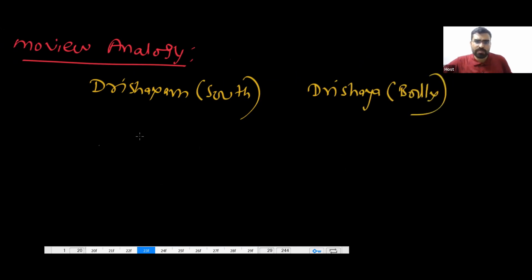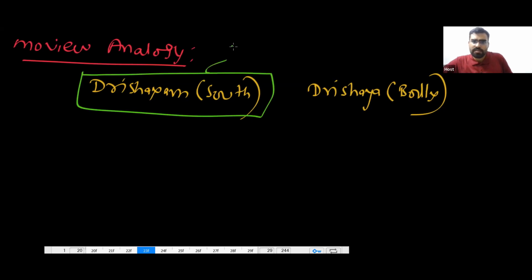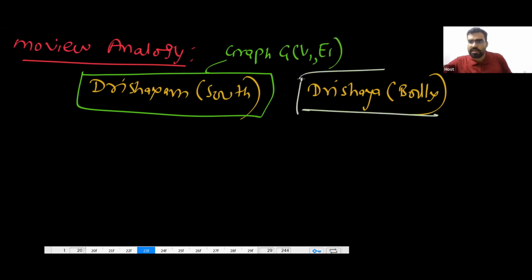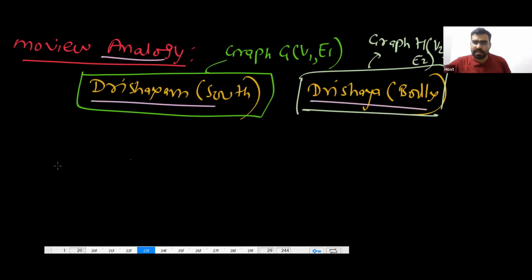So in this analogy, this is your graph G, V1, comma, E1, and this is your graph H, V2, comma, E2. So you have two graphs. In this analogy, the movie is basically the graph.